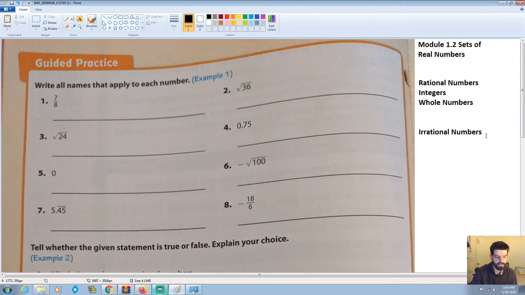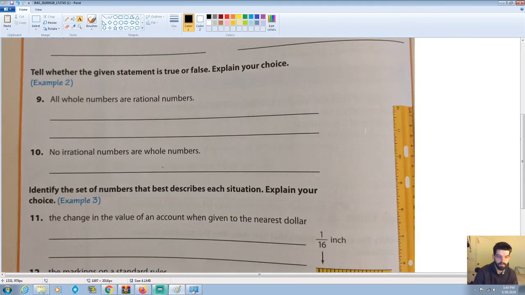So what this section talks about is being able to categorize numbers by their attributes and properties to be able to put them in certain categories, so to speak. So what we're going to be doing is looking at these different values and putting them into their respective categories based on their properties and attributes that they uphold. With this one, we're going to be taking verbal sentences and scenarios and deciding if they're true or false statements based on the relationships that these categories and sets of numbers have.